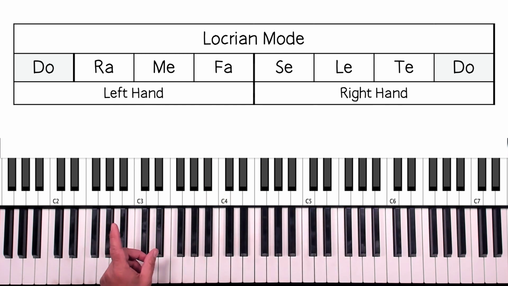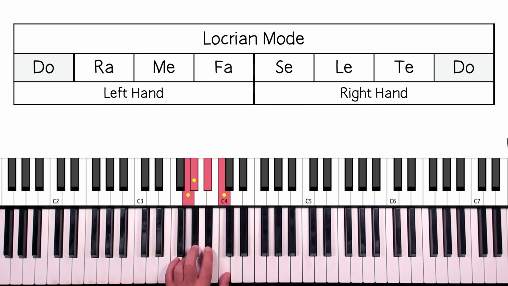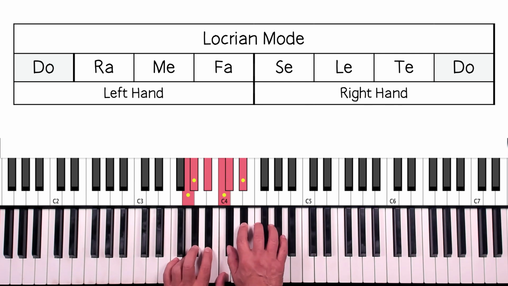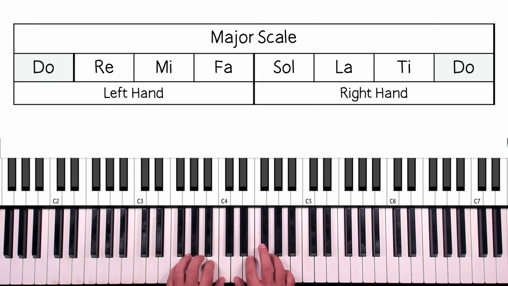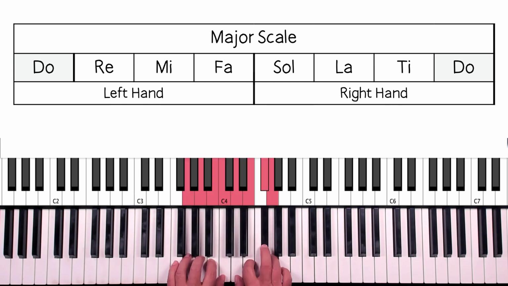We have a flat 2, flat 5, flat 6, flat 7. Do, ra, mi, fa, se, le, ti, do, cluster. And we chill, relax, absorb. And we end up back in major. Do, re, mi, fa, sol, la, ti, do. And there we are. Okay, good.